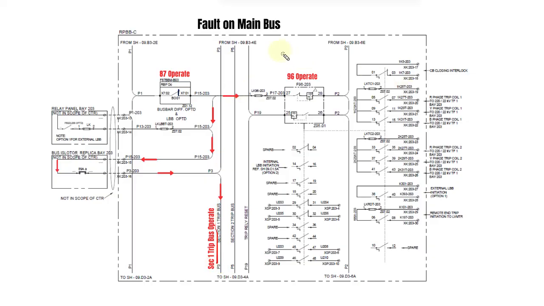Say this is bay 203: the 96 of bay 203 will operate, and if bay 203 is in section 1, then the trip bus of section 1 will operate. This is how tripping works in the main bus protection.